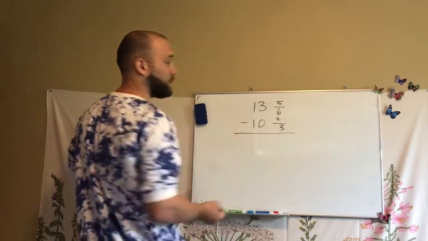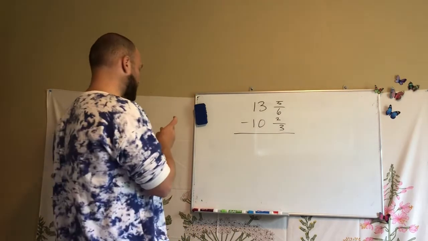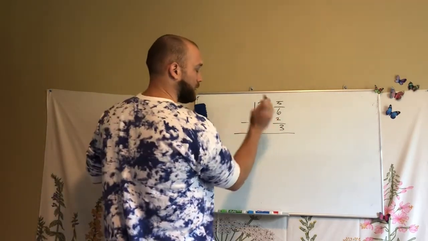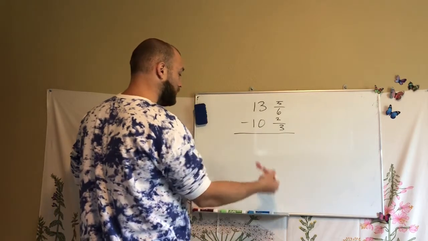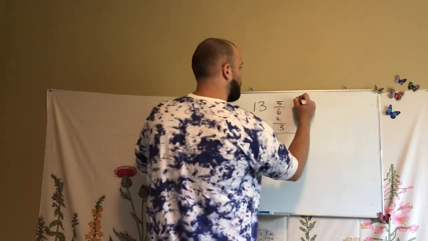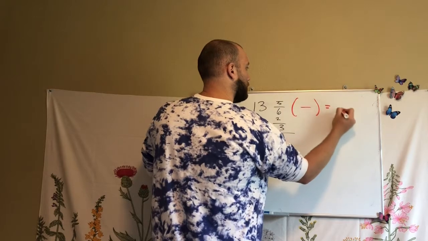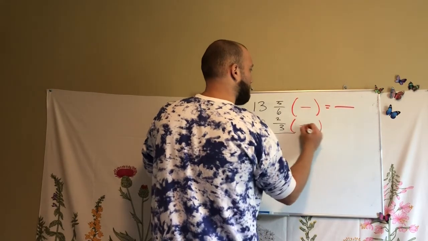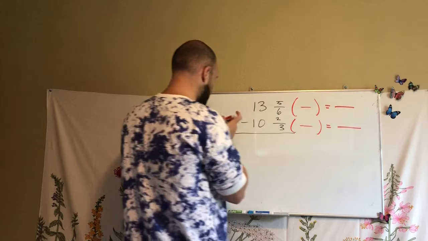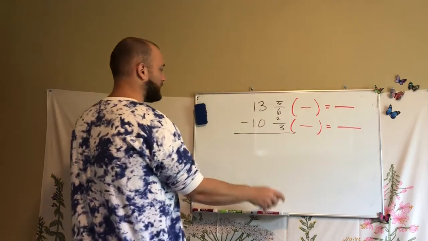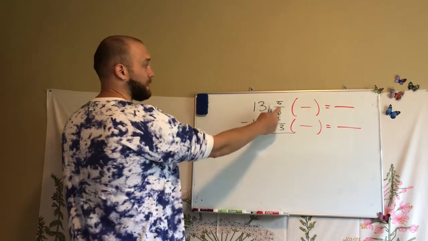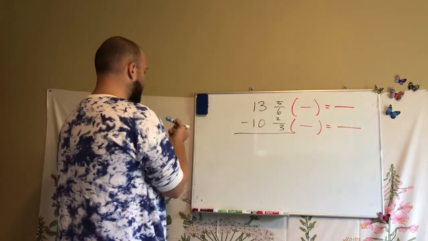Can we work this problem the way it's written? No, we can't, because the denominators are not the same. So, let's make them the same. Let's set this up. Let's skip count by 6s and 3s till we get a matching number.